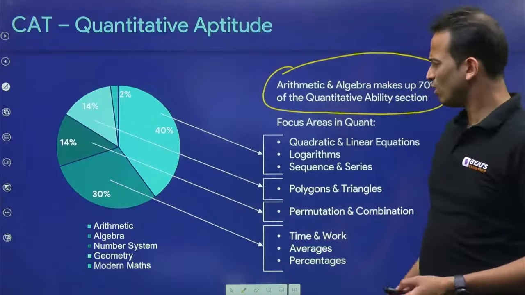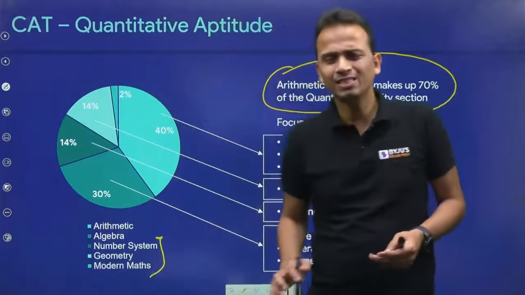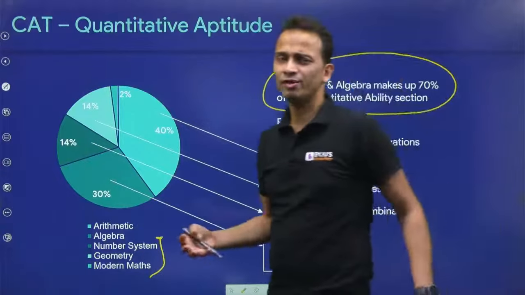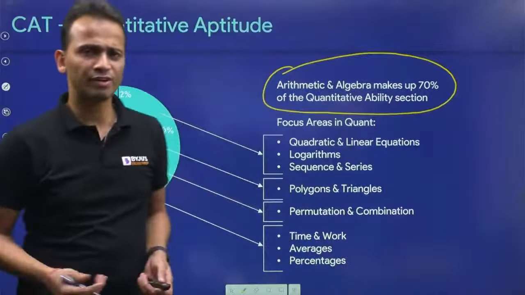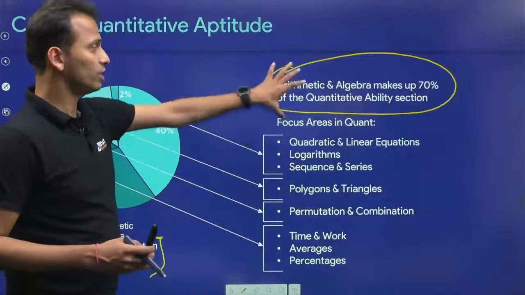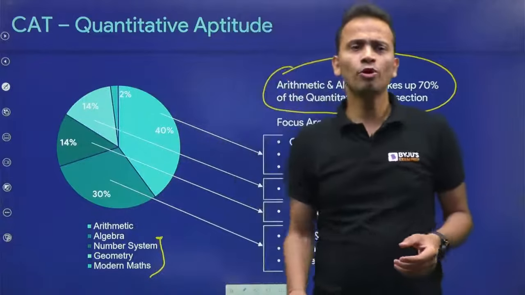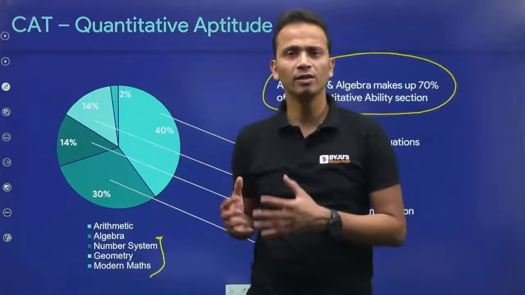Now, the other three areas, number system, geometry, and modern maths, comprise somewhere around 25 to 30, or maybe 35% at max. But once again, I would put focus on these two areas. I'm talking from the point of view of a student who is not very good in mathematics.